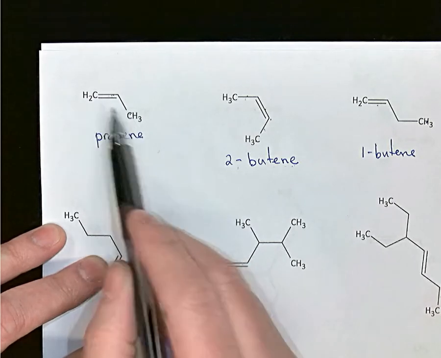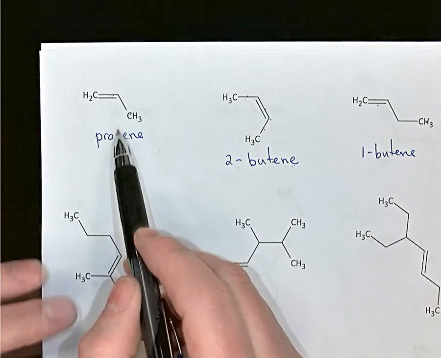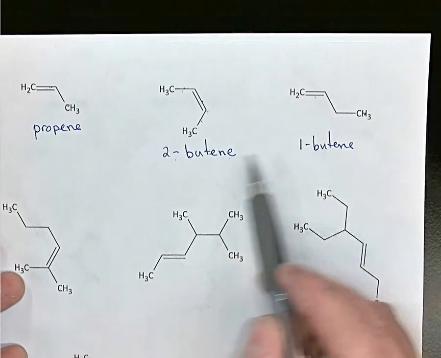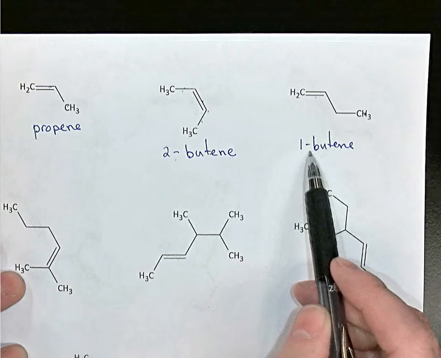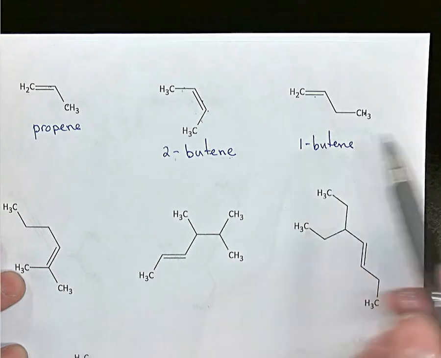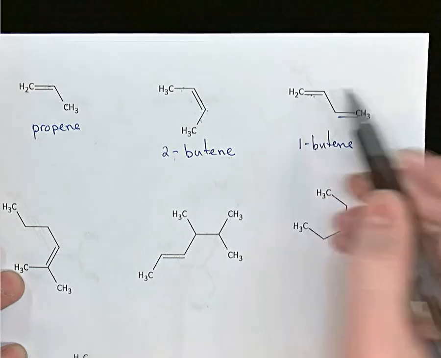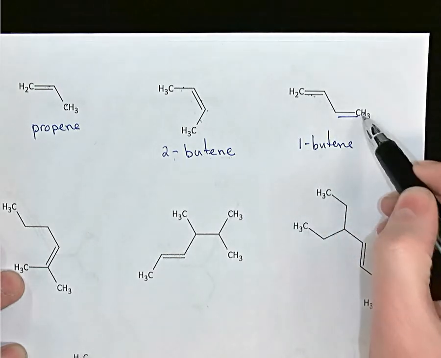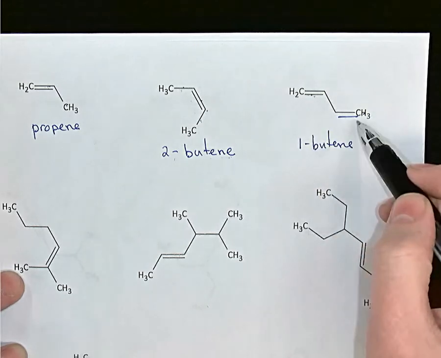So these are both 1-butenes, no matter where you put the double bond, 1-propene. So you don't need that number 1. But over here, it does matter because this molecule and this molecule are different. So you have to tell me where the double bond is. Now notice if we had put the double bond here instead of over here, we would still call it 1-butene because you need to start counting from the end of the parent chain closest to the double bond.